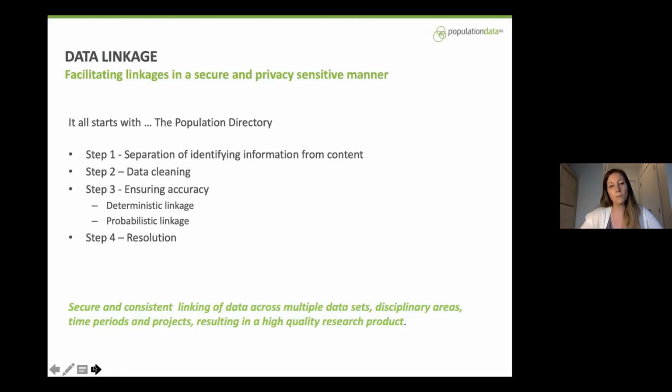Then there are two types of linkage we can do: deterministic linkage, which is linking on one identifier, for example your personal health number or a study ID, or probabilistic linkage, where we look at many identifiers, so first name, last name, birth date, and your personal health number, to really ensure that we got the correct linkage between all of the data files that you're trying to link for any one study.